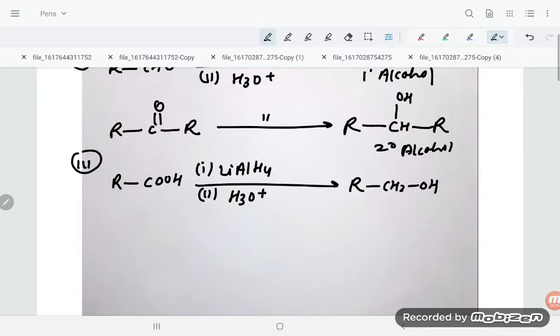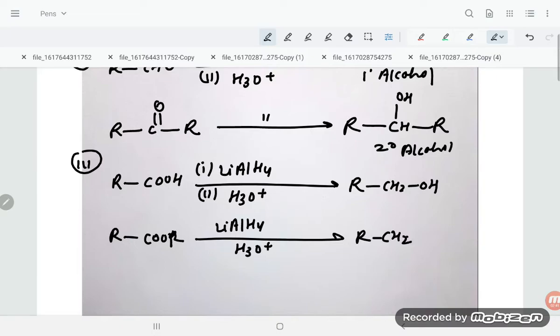Again, if you take RCOOR with the same reagent, LiAlH4 and H3O+, it gives alcohols.